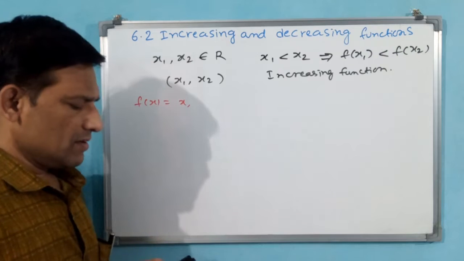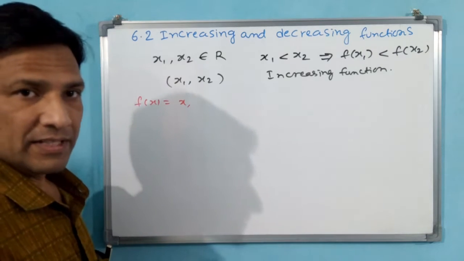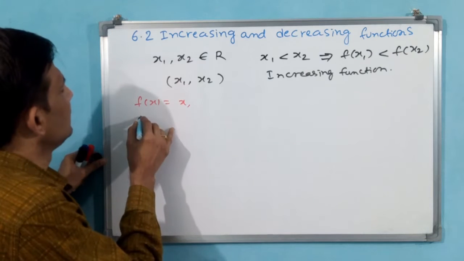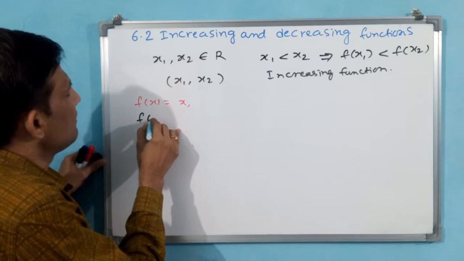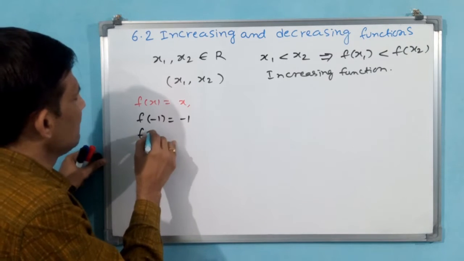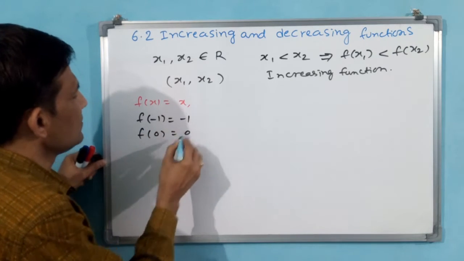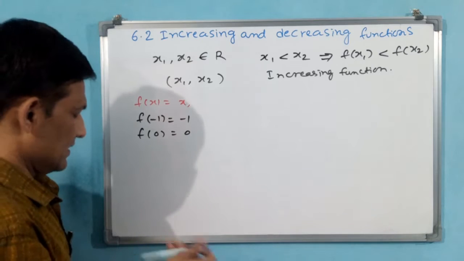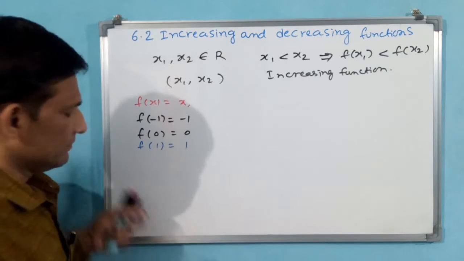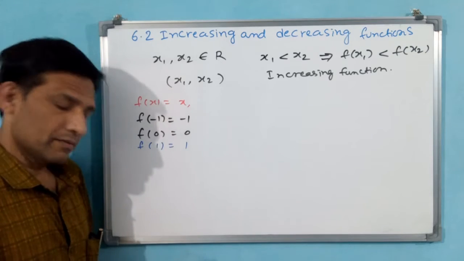How to know whether this is increasing or decreasing? You see now: f of minus 1 is equal to minus 1, f of 0 is equal to 0, f of 1 is equal to 1.